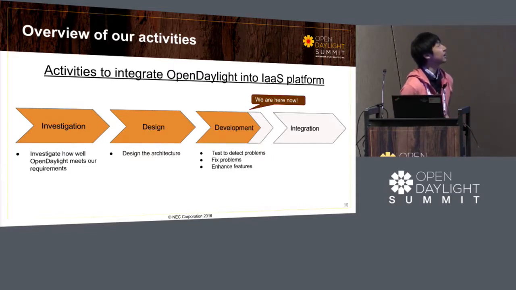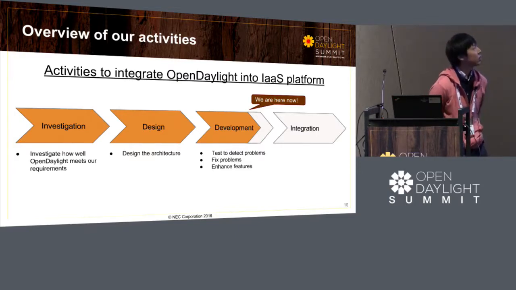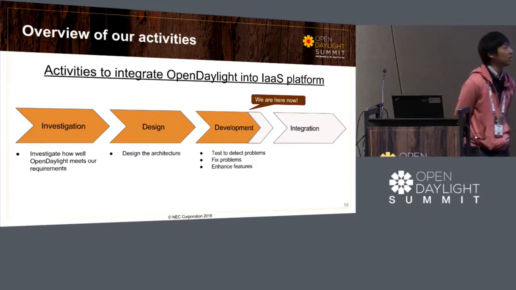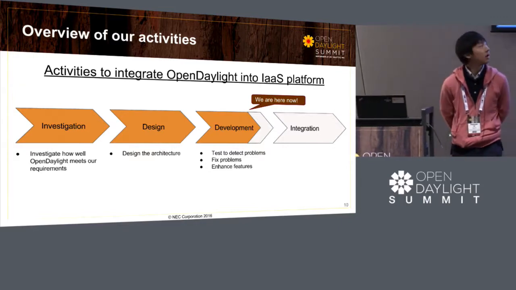In the investigation phase, we investigated OpenDaylight. We investigated how OpenDaylight works with OpenStack, and we investigated how well OpenDaylight meets our requirements. Based on the result of the investigation, in the design phase, we designed the architecture in which OpenDaylight works with OpenStack well and meets our requirements for our use case, the IaaS platform.